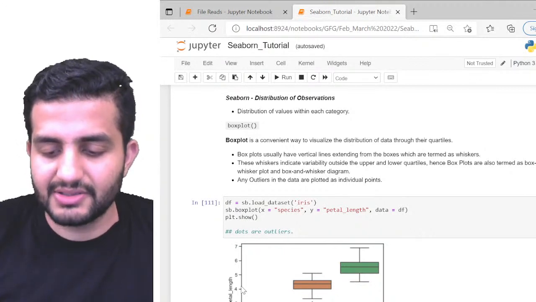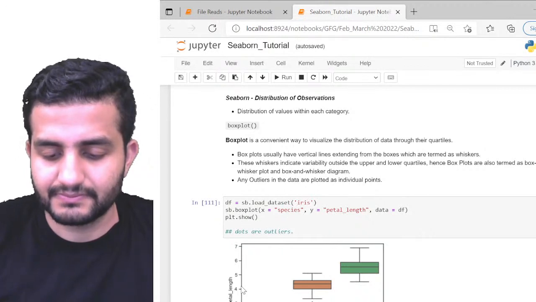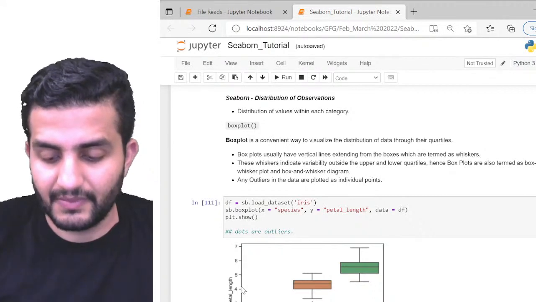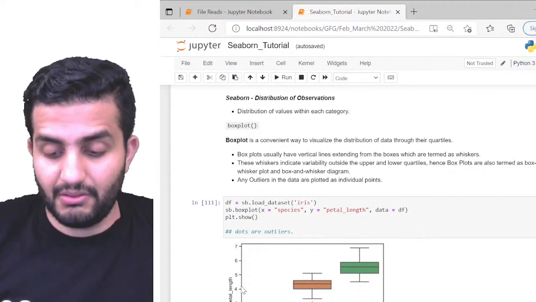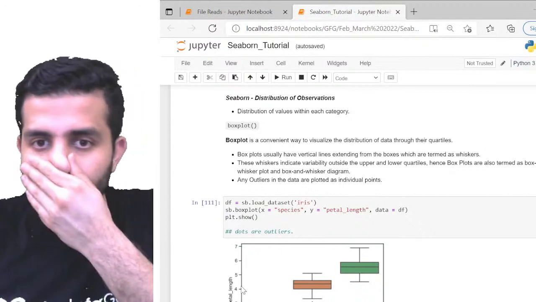Anybody having any concerns about whatever we are doing in this case? Mahesh, Vasanta, Akash, any questions, guys? I hope it's making sense to you guys.